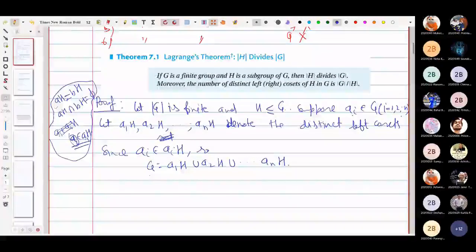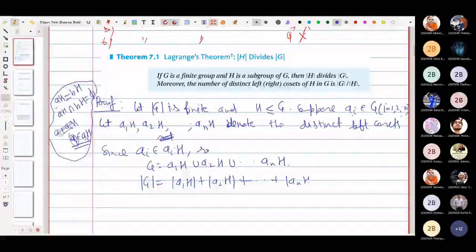And since a_1H, a_2H, up to a_nH are distinct, therefore the number of elements on the left hand side will be equal to the sum of the number of elements on the right hand side. So a_1H plus a_2H plus up to a_nH. Okay.